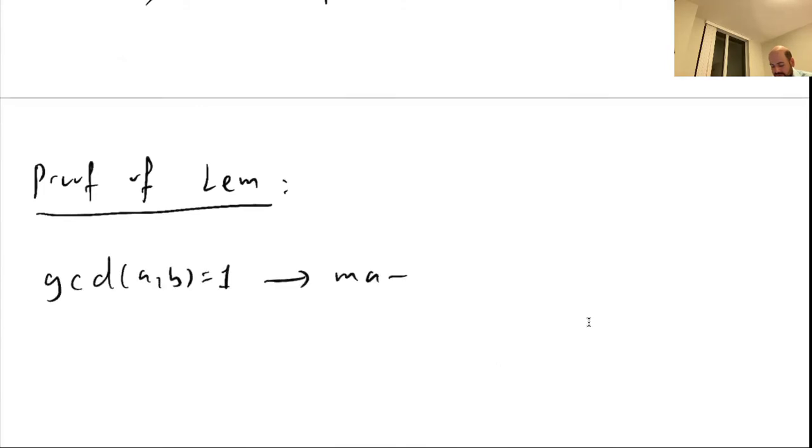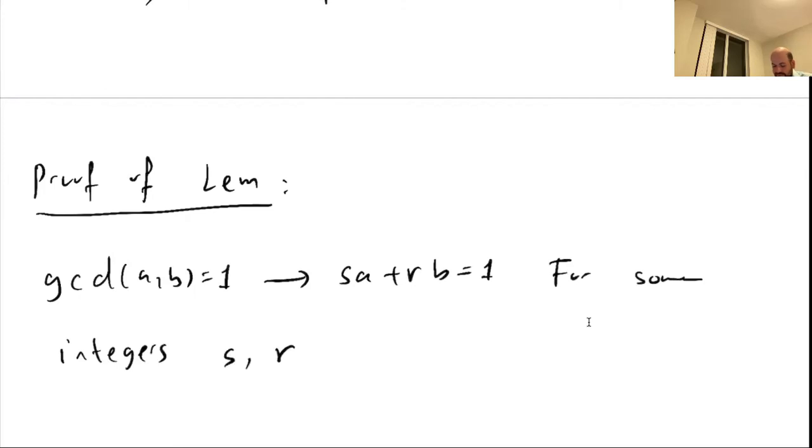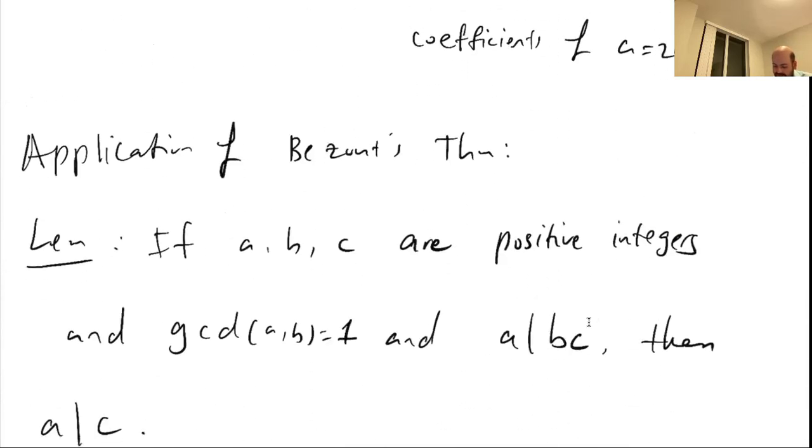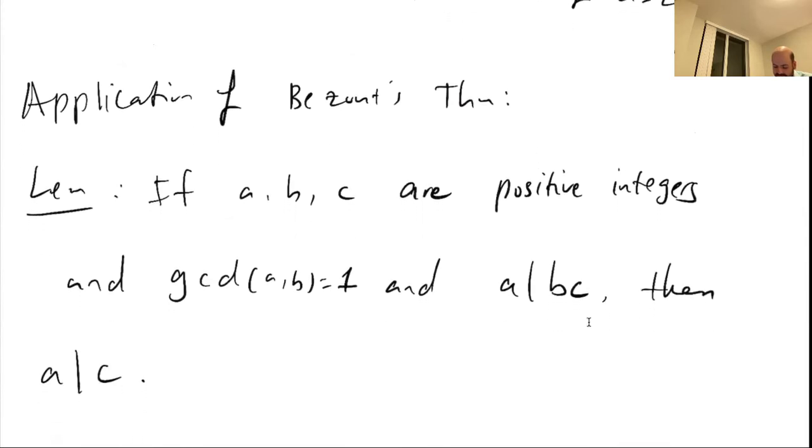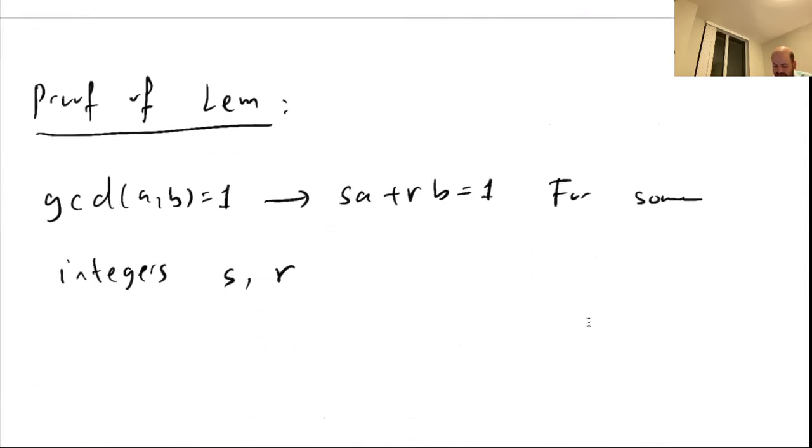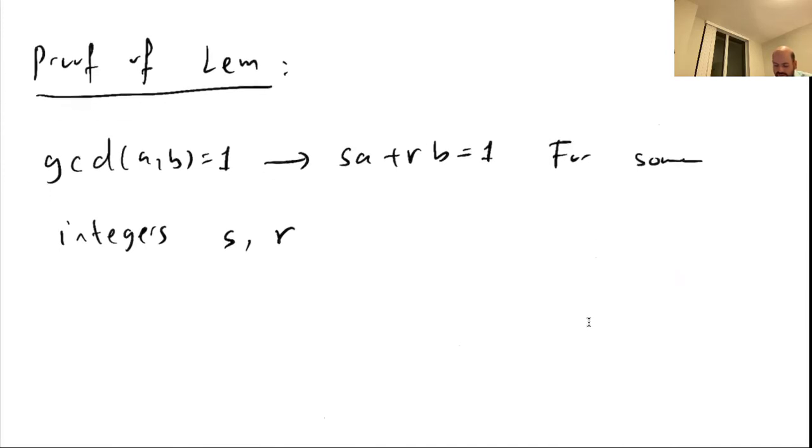So let's say SA plus RB equals 1 for some integers S and R. Now I need BC to appear, so why don't I multiply both sides by C so that BC appears? Multiplying by C, I get SAC plus RBC equals C.